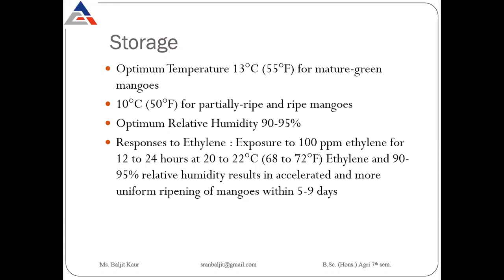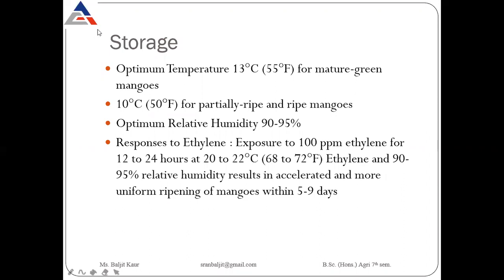Once mangoes are harvested, these have to be ripened by using ethylene. Exposure to 100 ppm ethylene for 12 to 24 hours at 20 to 22 degrees Celsius is done, and with ethylene at 90 to 95% relative humidity, it will result in accelerated and more uniform ripening of mangoes within 5 to 9 days, right?